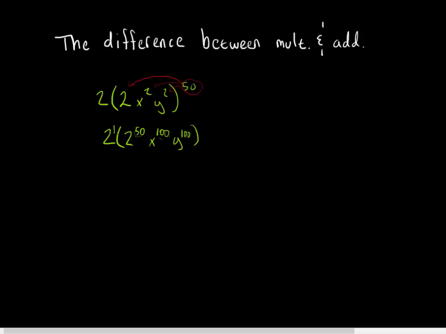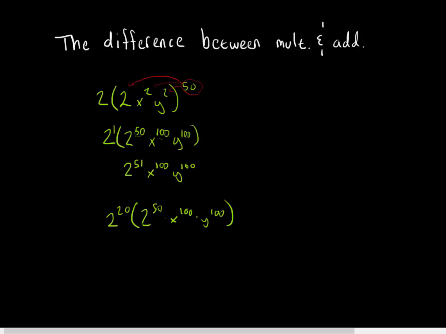And what do we do when we multiply numbers with the same base? We add the exponents. So that's 2 to the 51st power times x to the 100th times y to the 100th. Maybe it'll be more clear if we had 2 to the 20th power times 2 to the 50th times x to the 100th times y to the 100th.